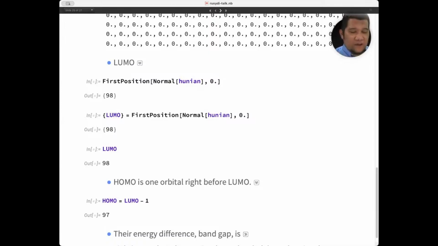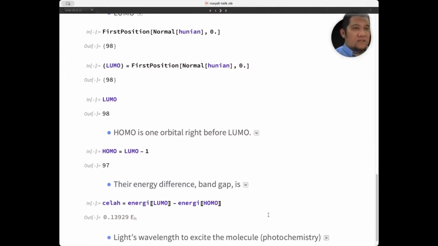The energy difference, or some people call it band gap, is easily calculated using this method. We label it with celah, and it has a magnitude and the unit of energy in Hartree.